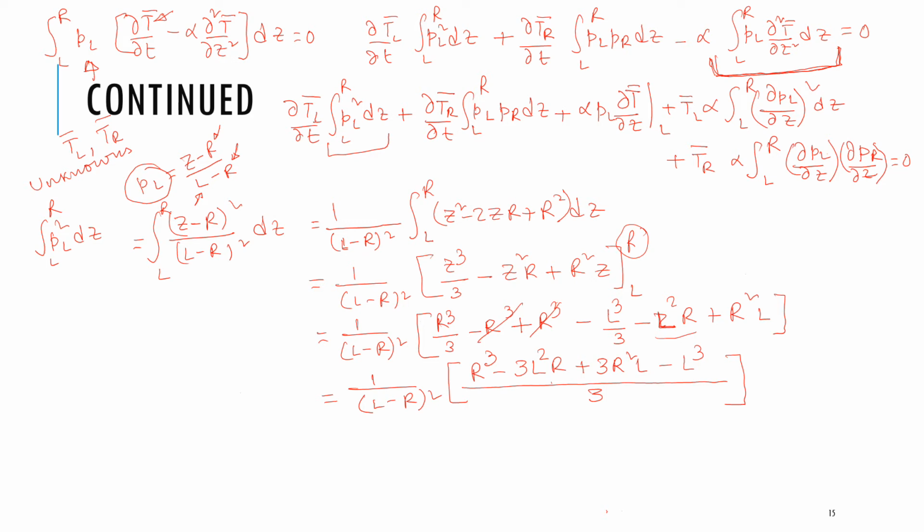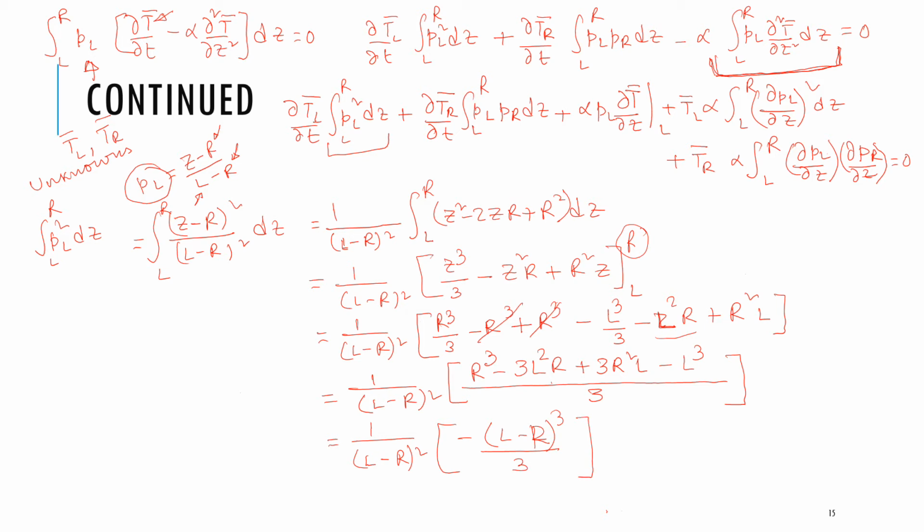So if you recall, the numerator inside the bracket is L minus R cubed, over 3.